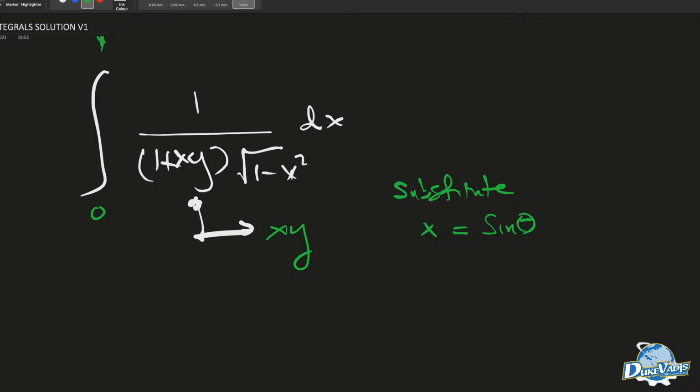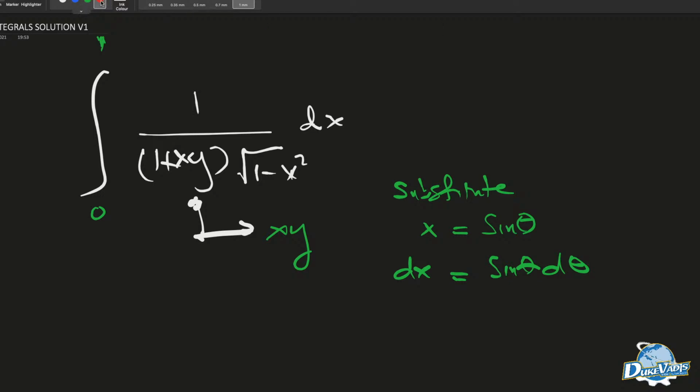When we differentiate this, we are going to get dx equals cos theta d theta. Our limit is going to change. Why is it going to change?